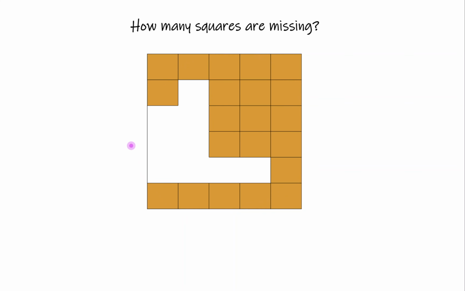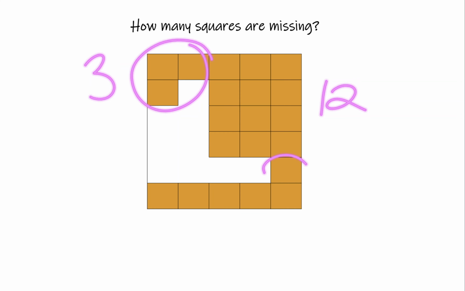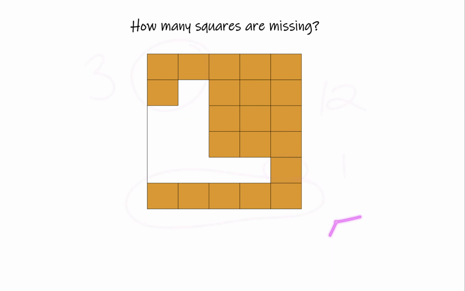For instance, they might notice this rectangle here that's 3 by 4 and know that it's 12 units, with another 3 up here, a loose one down here, and an entire row of 5, and compose these pieces back together to find out that there are 21 orange squares.